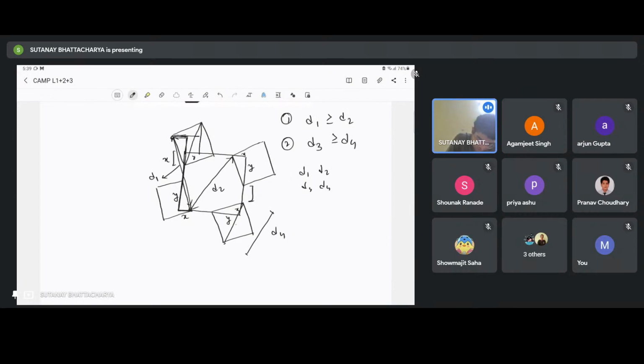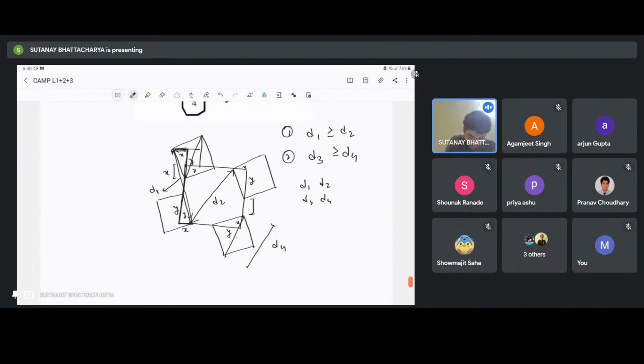Note that this length is X, this length is Y, and this length is also Y. Because that's how we set things up, right? These squares are cutting off.